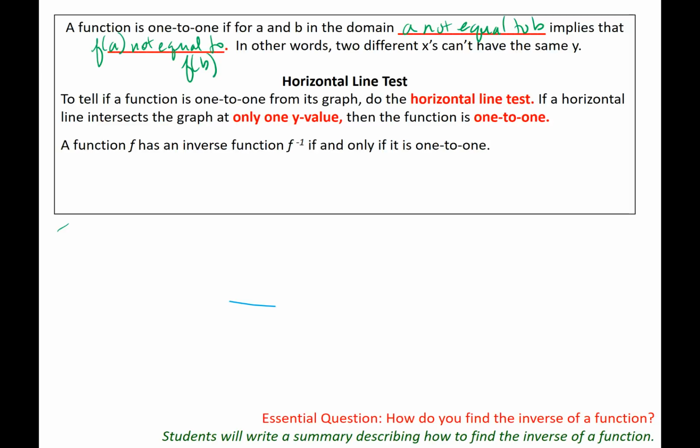In other words, two different x's can't have the same y. So again, we talked about this one-to-one first semester, so if it's one-to-one, two different x's can't have the same y.